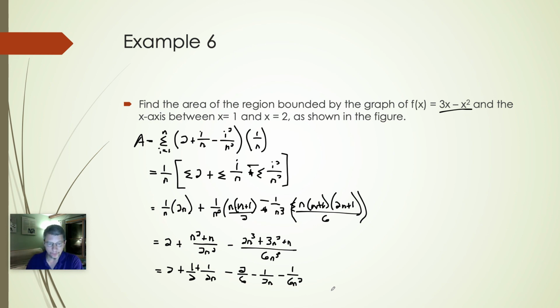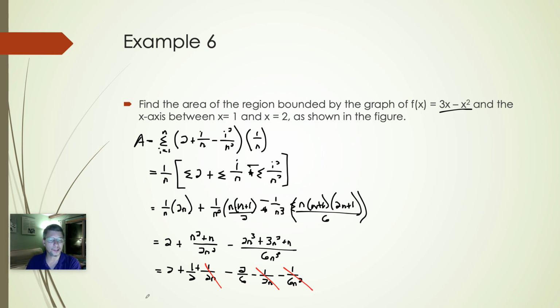Now, if you combine like terms, first, all of the terms with an n in the denominator are going to cancel out, because as n approaches infinity, the denominator gets bigger and bigger, so the number gets smaller. And so this becomes 2 plus 1/2 minus 2/6.